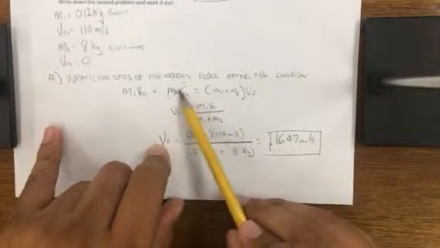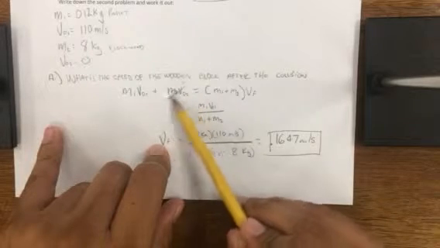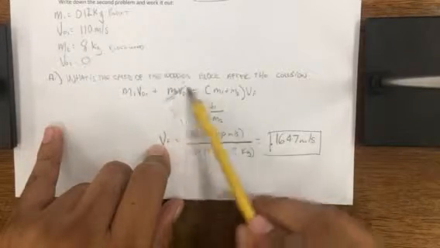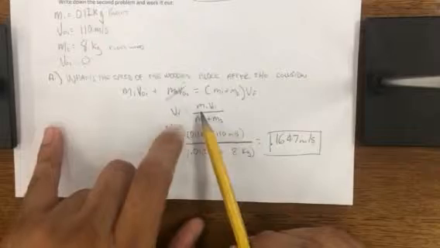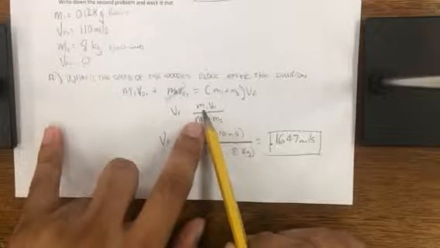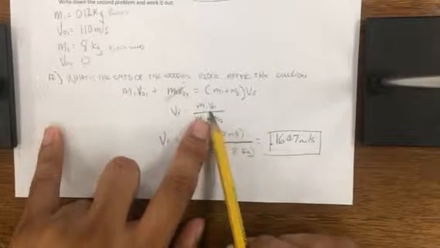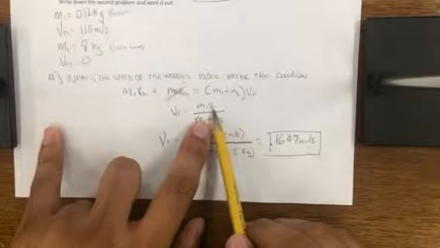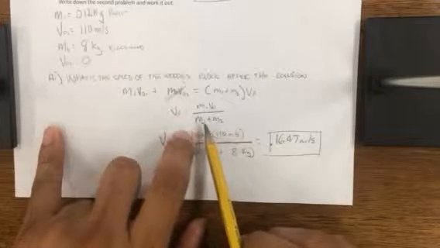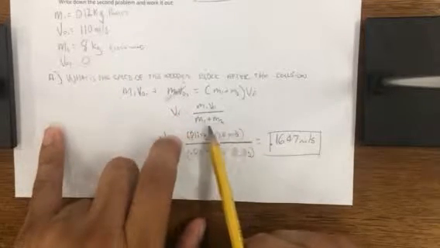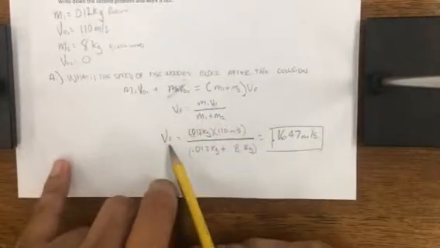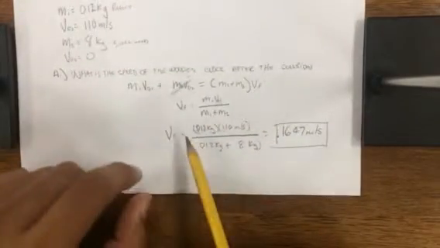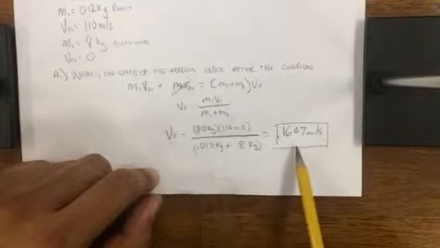Since the velocity of the wooden block is 0, we can take this out, and velocity final will be equal to mass of the bullet times velocity of the bullet over the addition of the two masses.